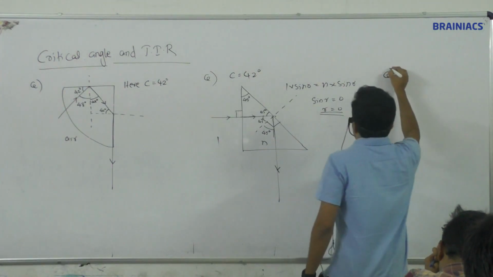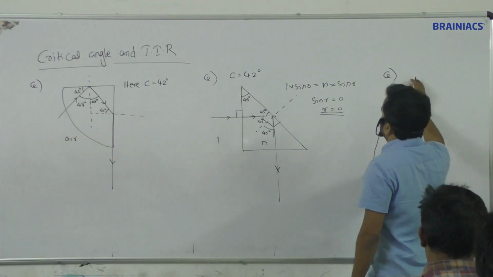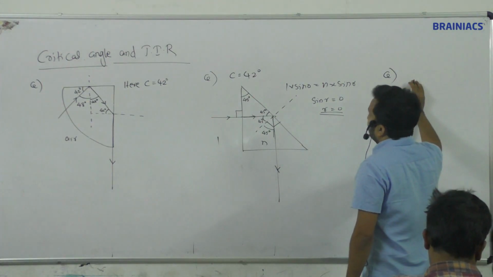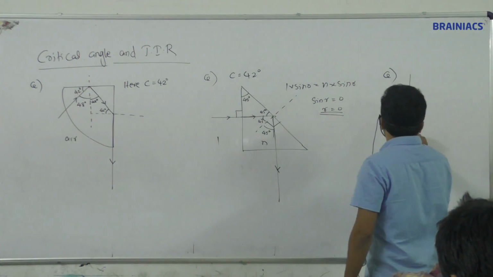Complete the ray diagram again with the critical angle equal to 42 degree.